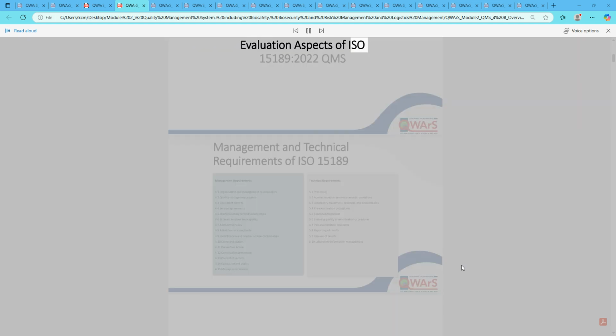Evaluation aspects of ISO 15189:2022 QMS. Management and technical requirements of ISO 15189. Management requirements.